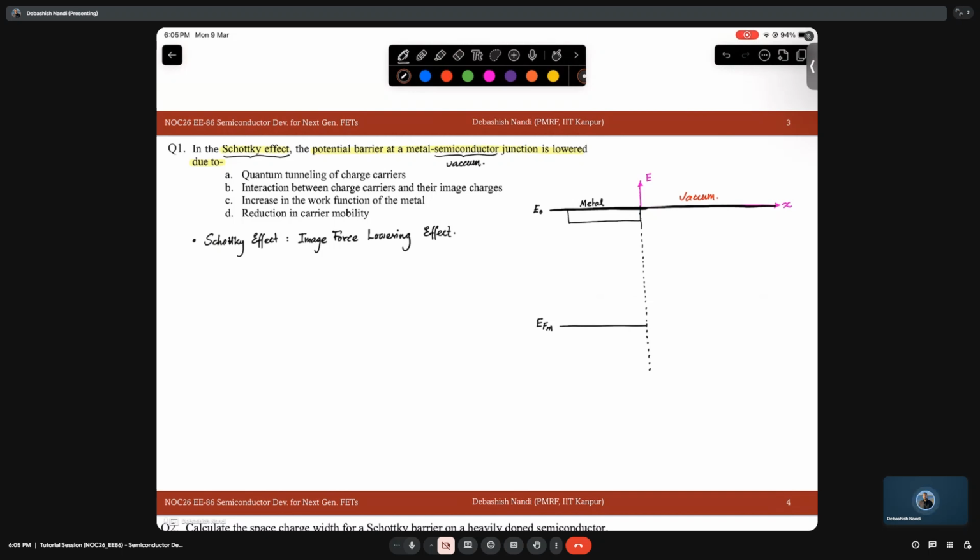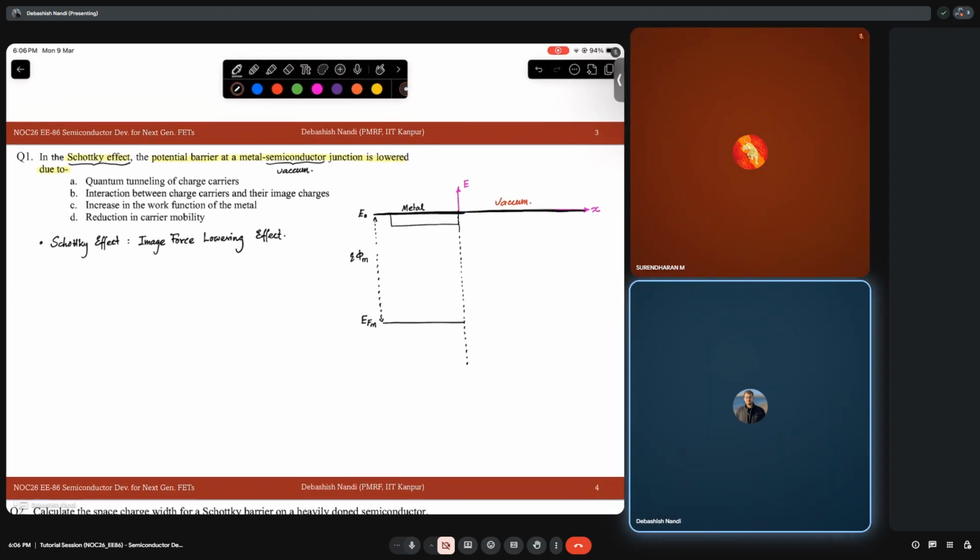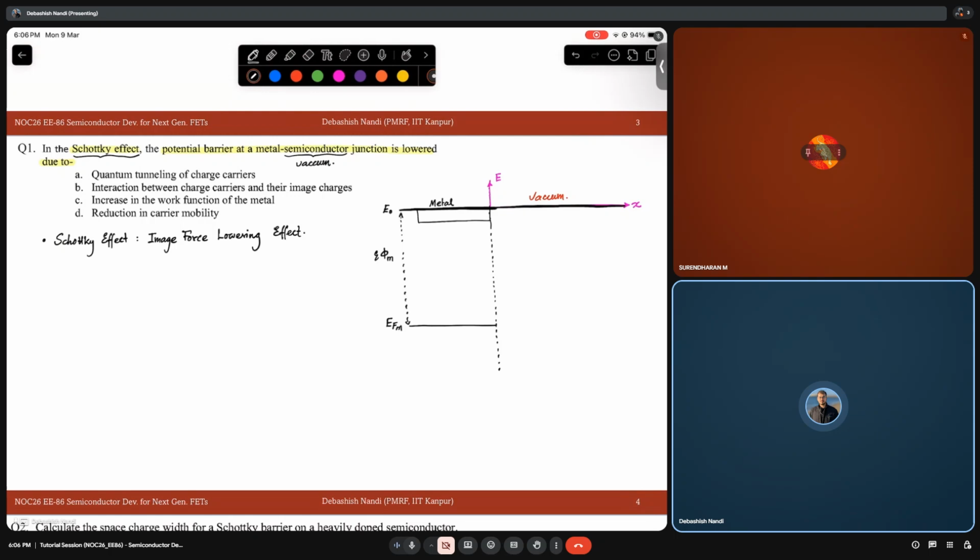This distance is Q phi m. In the case of a metal, we know that EFM is in the EC, EV region.